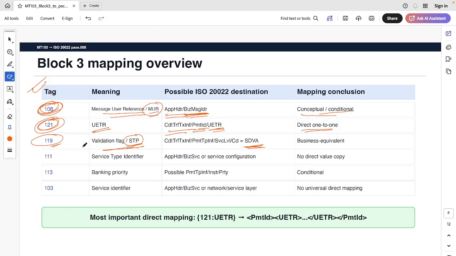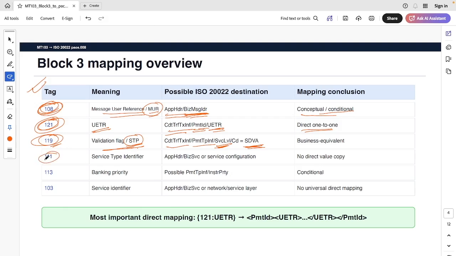So in short, the value that is captured under this tag 119 will be stored under the credit transfer transaction information element. Inside it, we have payment type information, and inside payment type information we have this service level. The equivalent value of tag 119 is mapped to this service level basically.